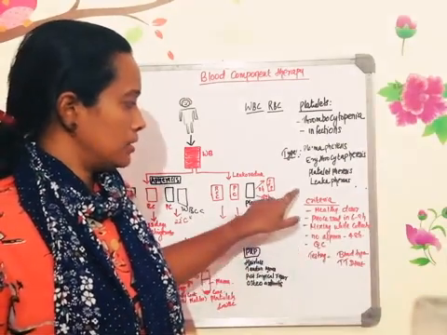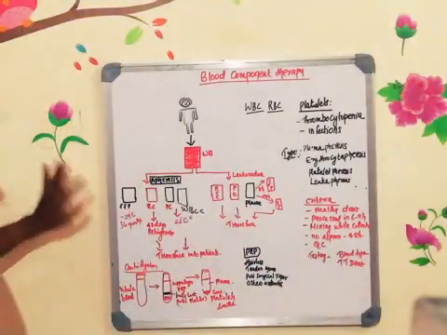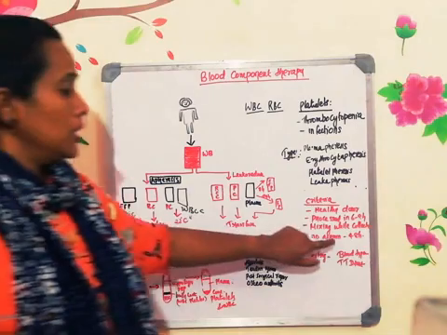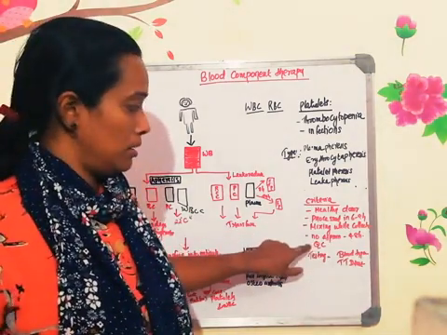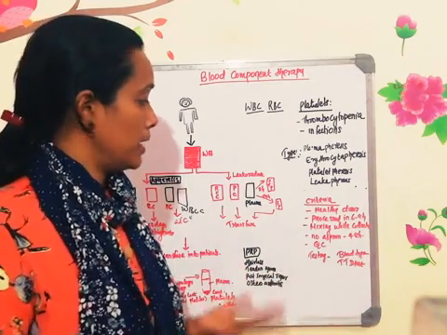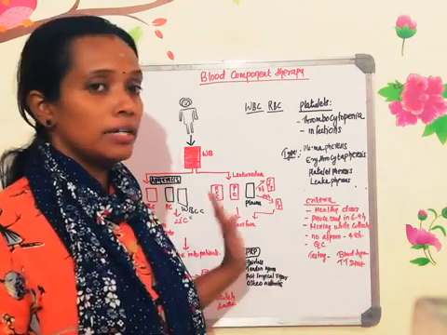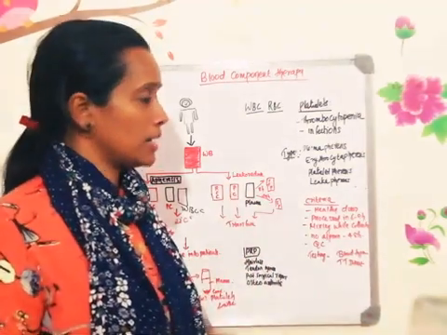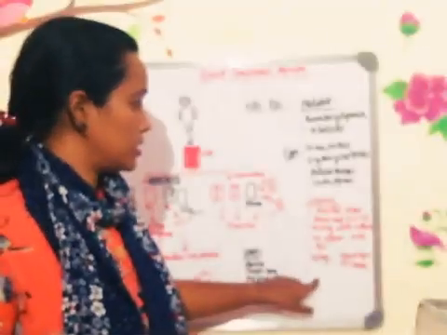After collecting the blood and separating the individual components, the quality control people will check the quality of the blood cellular component and the plasma, and once after that it will be stored and transfused into the patients.